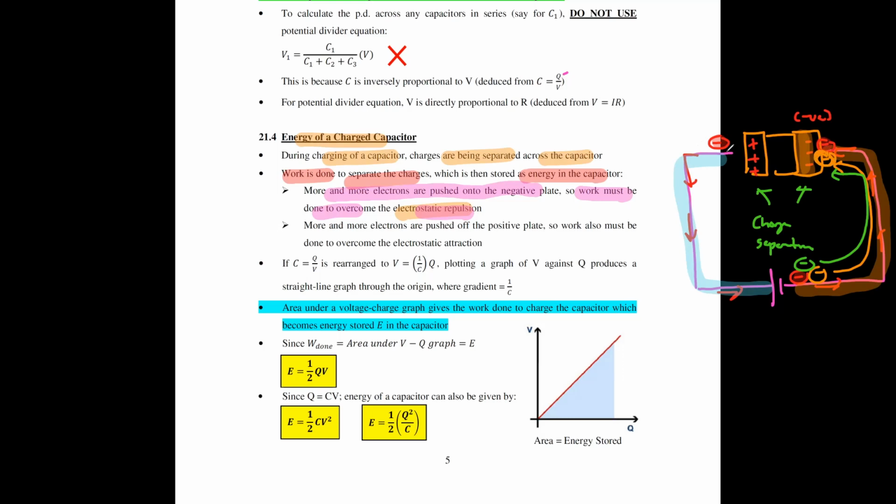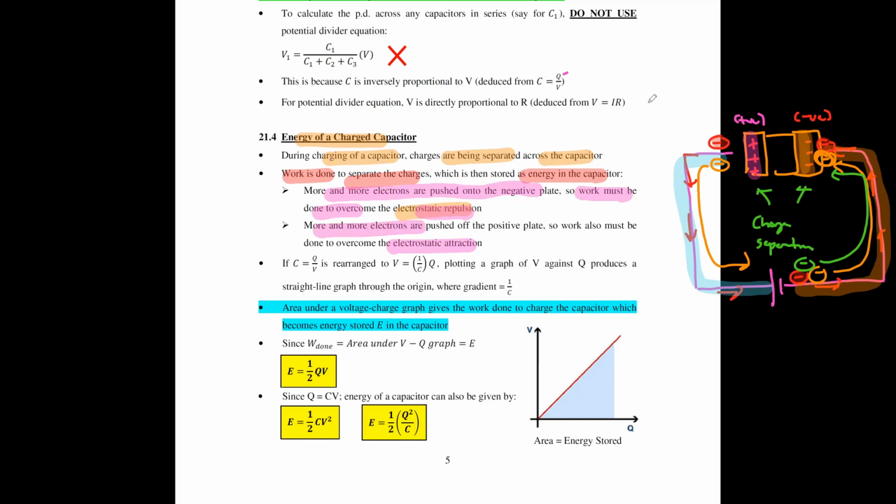Another electron will be repelled away, but this time your plate is already positively charged as a result of the first electron being pushed away. So when your second electron wants to go towards the positive terminal, it encounters some electrostatic attraction with your positive plate. You actually need to purposely apply a force to push it away. You have to do work to push the electron off.